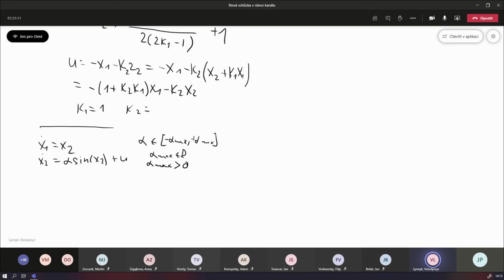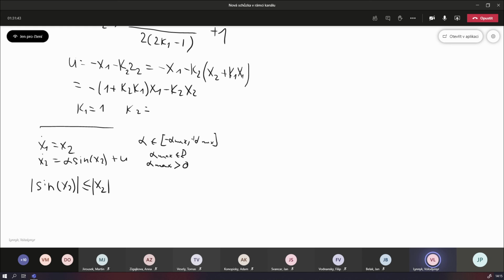Okay, and I want to show you only this inequality, some estimation, the first step: when we have this sine, we can estimate it like this. We know the absolute value of sine x2 is less or equal to absolute value of x2.